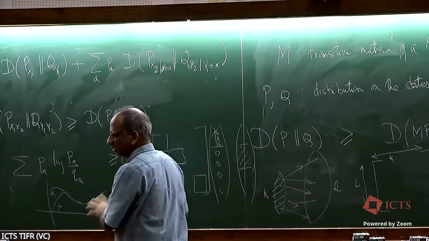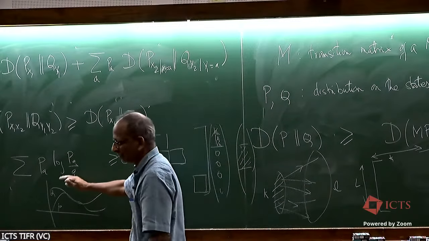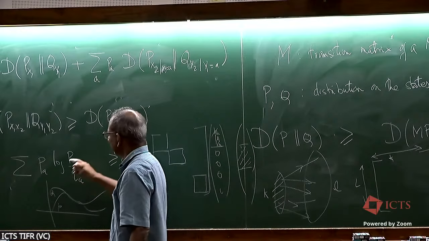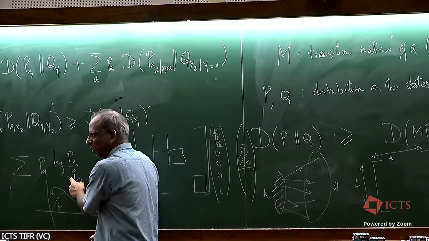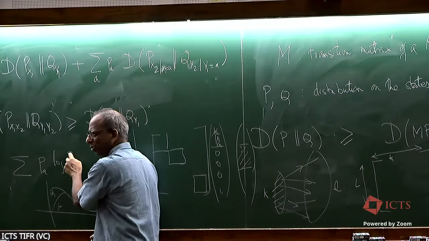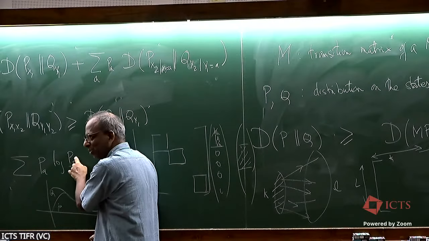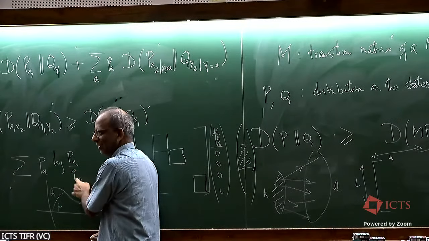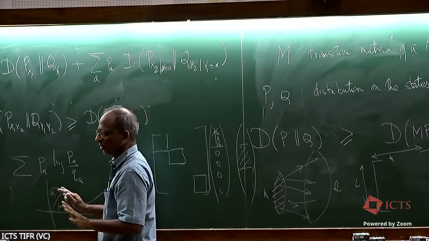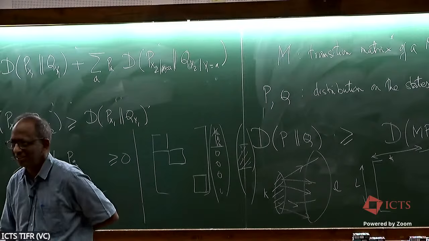So relative entropy is defined only when, if QA is 0, PA should also be 0. Okay, so 0 log 0 by 0 is considered 0. But if PA is non-zero and QA is 0, then relative entropy is not a good tool for you to use. Is that okay? Good.